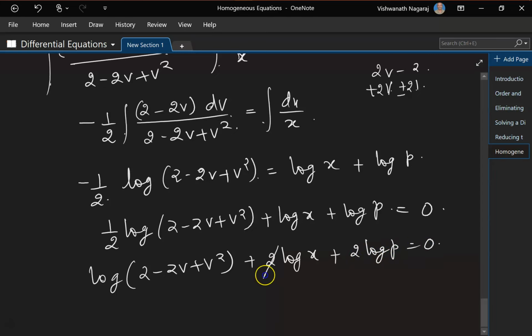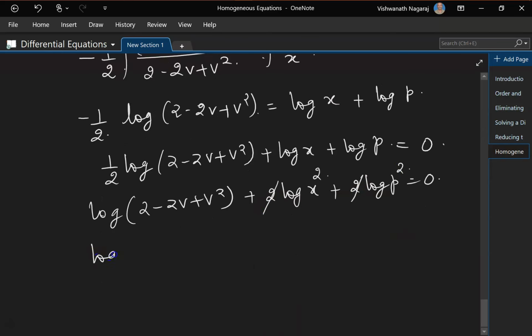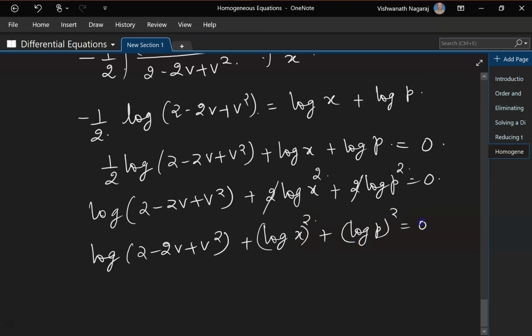Now based on log rules, this 2 can go up, this 2 can go up. So log of 2 minus 2v plus v square plus log x square plus log p square equal to 0.